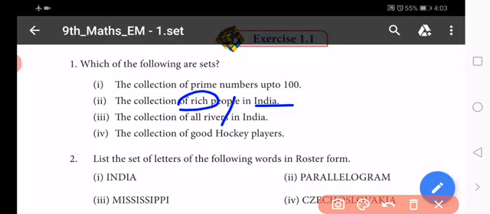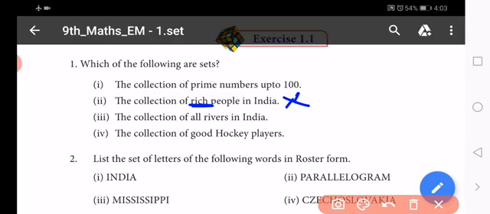So the collection of rich people in India is not well defined. The word rich is not well defined, so it is not a set.